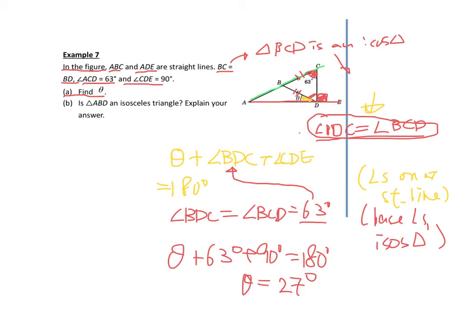Then now we go to part B. Before we discuss how to do part B, we need to clean up part A first. In part A, we found that theta is equal to 27 degrees. And it is a very good habit that we locate this back into the graph: theta is 27 degrees, and we also found this one is 63 degrees.